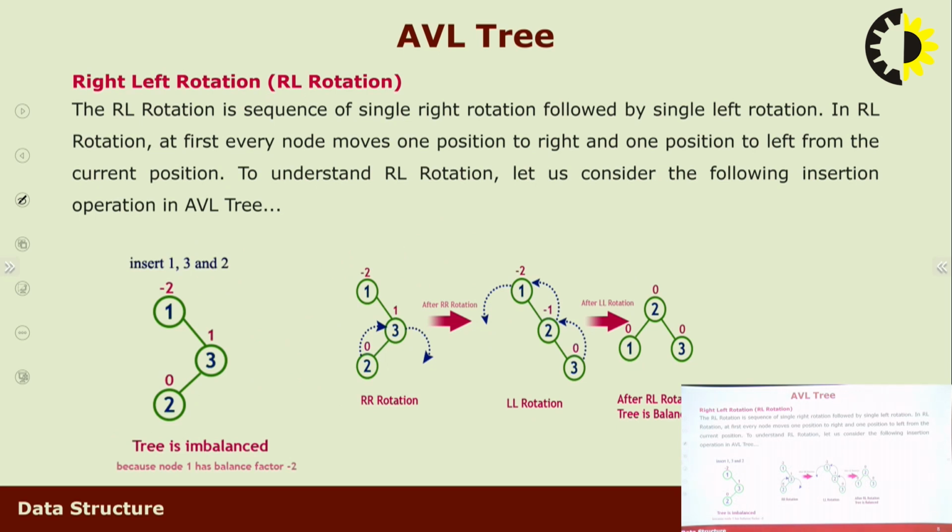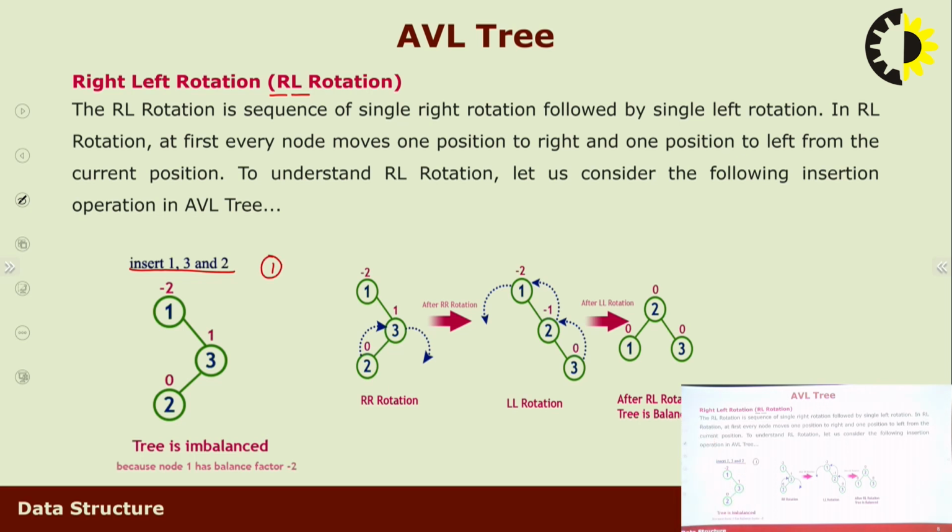The next rotation is RL rotation. That is, first of all, we will rotate the tree at a particular node to the right side. Then we will rotate to the left side. Suppose we have to insert these 3 values. First of all, we insert 1. After inserting 1, the tree is balanced.